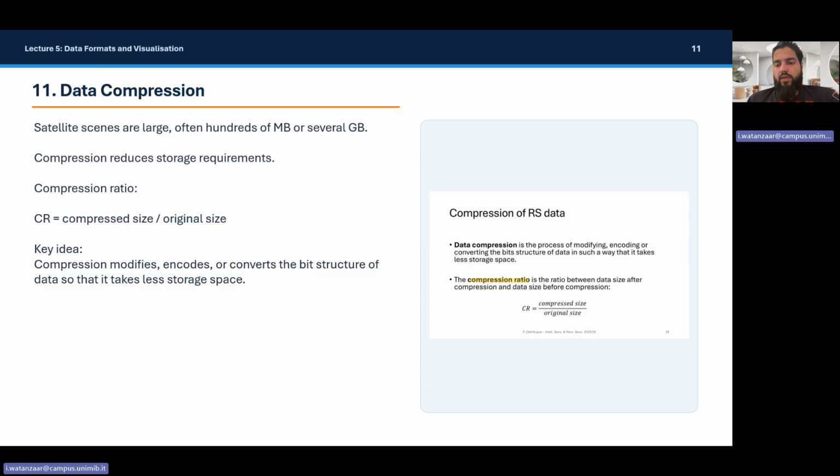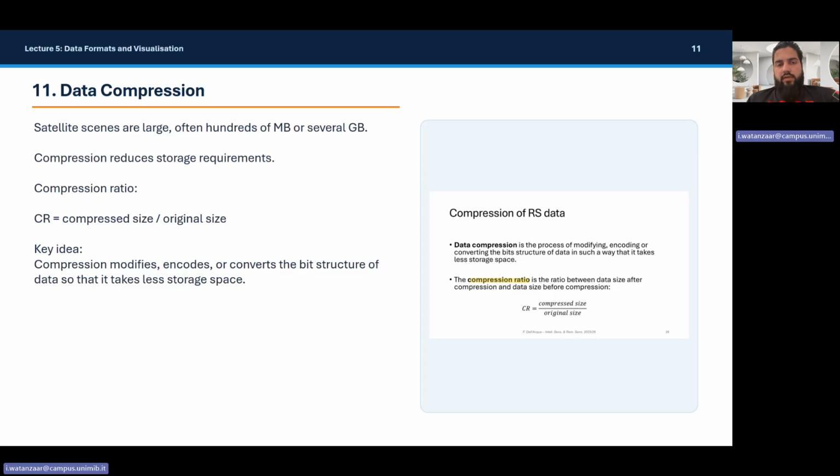If we see the bits of the data we are collecting, it gives us a picture of the whole data size, and after compression, the size of the data, and we can easily find the compression ratio. So in the key idea, compression modifies, encodes or converts the bit structure of data so it takes less storage space.